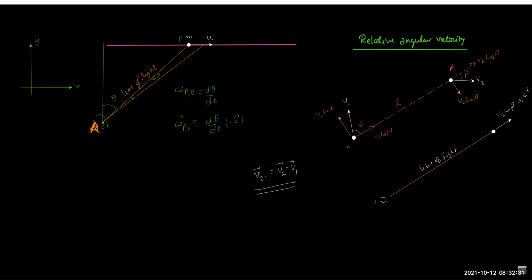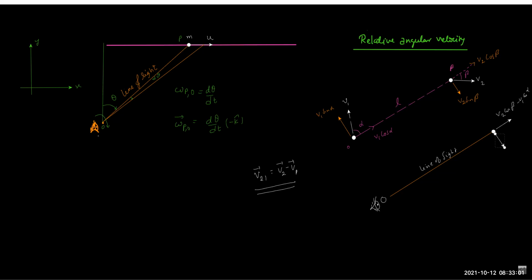For this given observer, this is the line of sight, and we can say for sure that this relative velocity of the particle P cannot create rotation or any angular effect. So we need to look for the other component, which is called the perpendicular component.